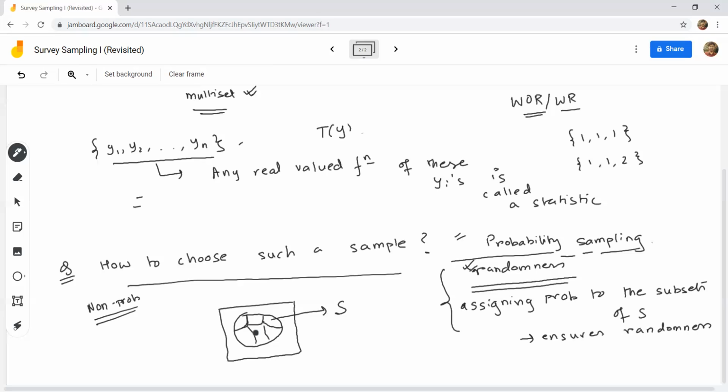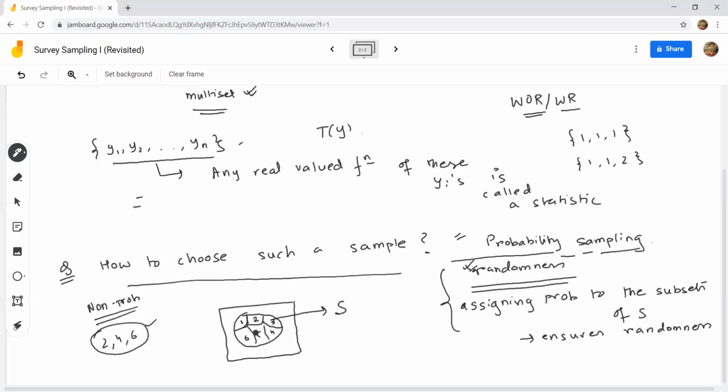Any observer might say that I will always choose the even number of parts, that is, the parts which are labeled to be even. So 1, 2, 3, 4, 5, 6. So he always chooses these parts 2, 4, 6. Okay, so there is no harm in that.